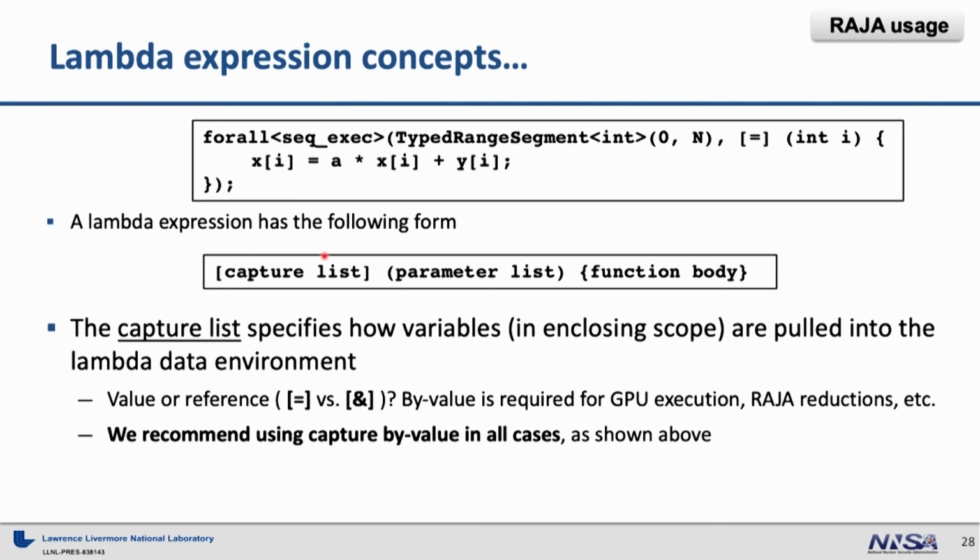In RAJA, we attempt to always capture by value here with the equal sign. That's because if we want to run on the GPU, if we try to capture by reference, the GPU will try to look for CPU addresses, and then it'll be very unhappy.